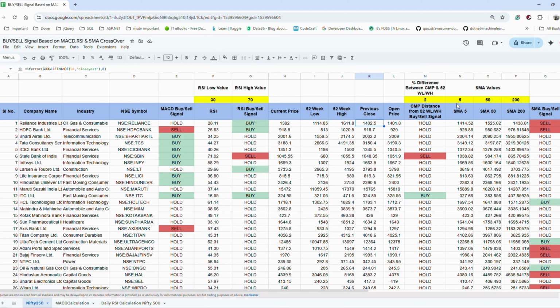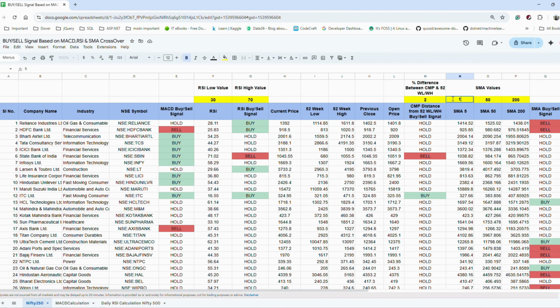Before that, we are also calculating the SMA 5, SMA 50 and SMA 200. This is nothing but the simple moving average. The last 5 days simple moving average. What is the simple moving average of the last 5 days? Similarly, the simple moving average of 50 days and of 200 days. Again, this is customizable.